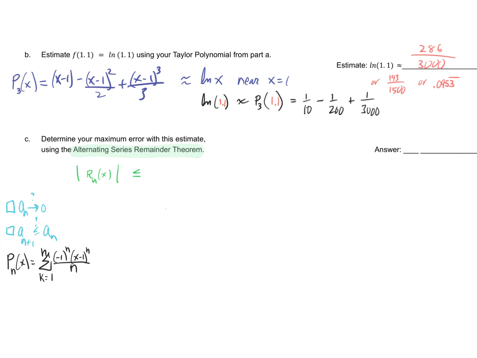Anyway, if you did do that, or if you just would like to and appreciate the review right now, remember that this is a geometric series. And so if it's an infinite series, as n approaches infinity, it converges when negative 1 times x minus 1 has an absolute value less than 1.